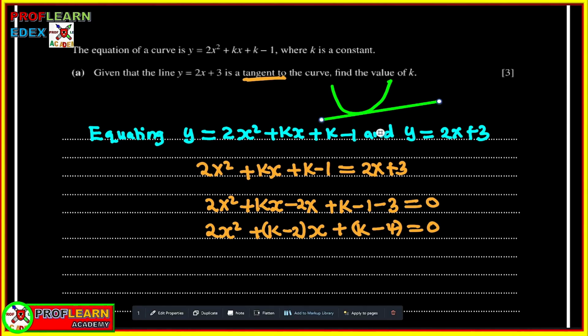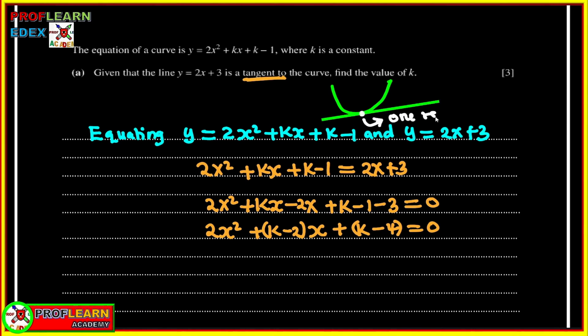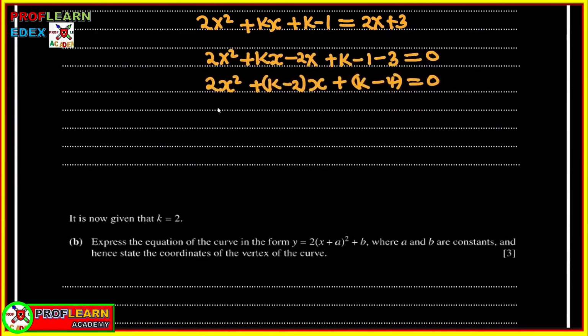Since it's touching at one exact point, we are going to have one repeated root. The tangent is going to touch the curve at one particular point, so the discriminant is going to be equal to 0.